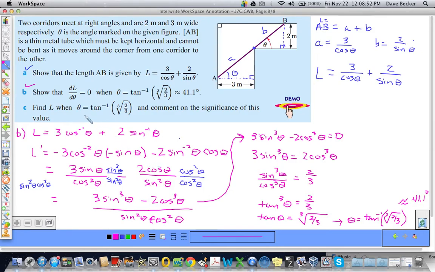Okay, so find L when theta equals the tan inverse of cube root of 2/3 and comment on the significance of this. Okay, we'll find L. Well, what's L equal to? Well, L is equal to 3 over cosine theta plus 2 over sine theta.